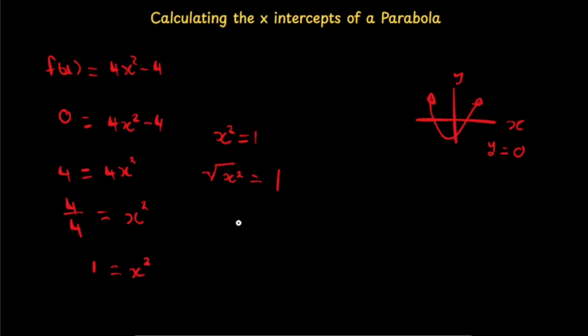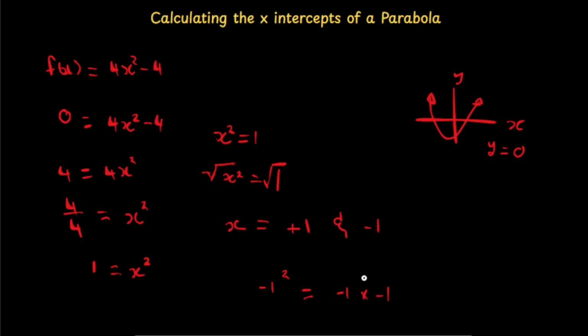Now if I solve this, I should get x is equal to positive 1 and negative 1. This part is extremely important because if I say negative 1 squared, I would get negative 1 times negative 1.